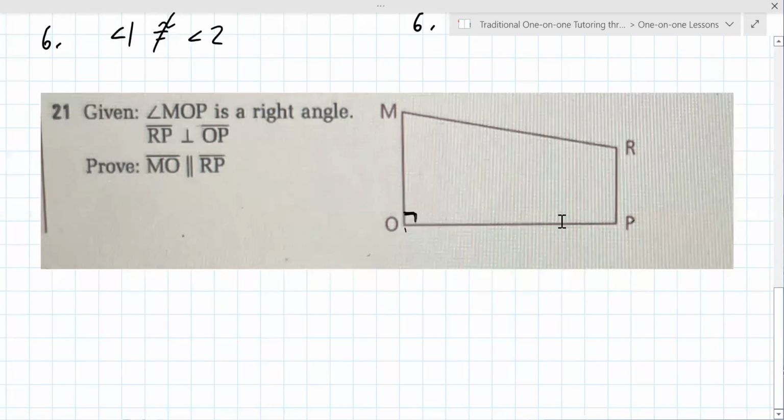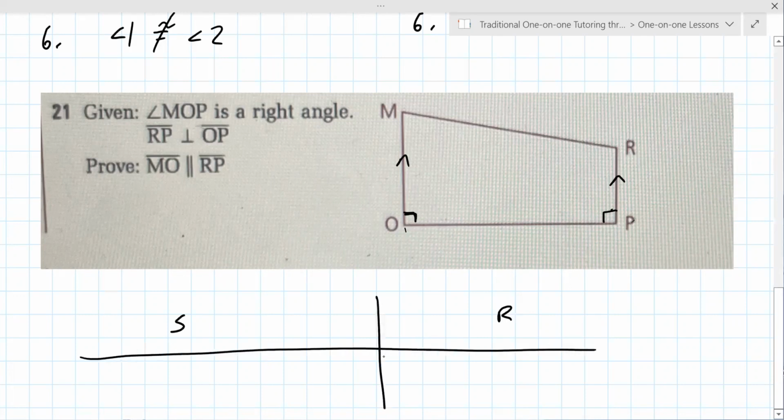RP is perpendicular to OP. Okay, so that means that this is also a 90-degree angle, and we want to prove that MO is parallel to RP. So this one's a little bit more straightforward.